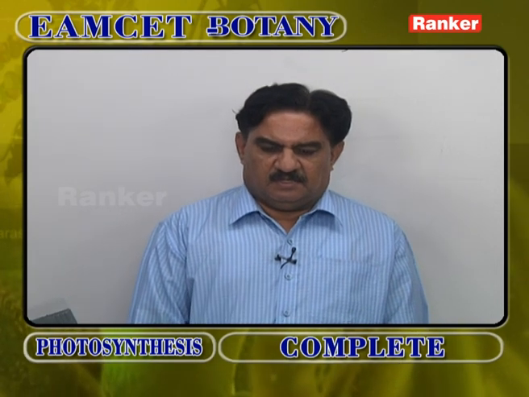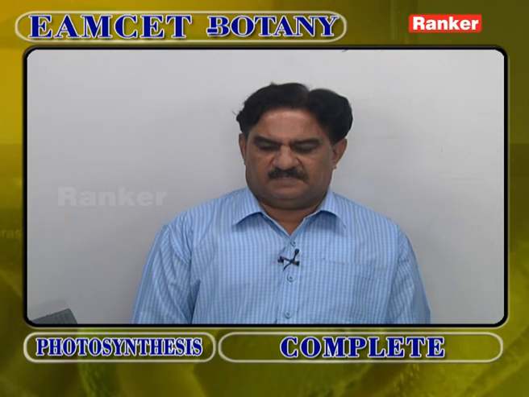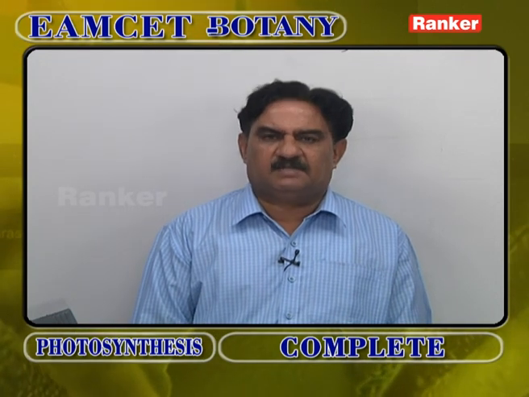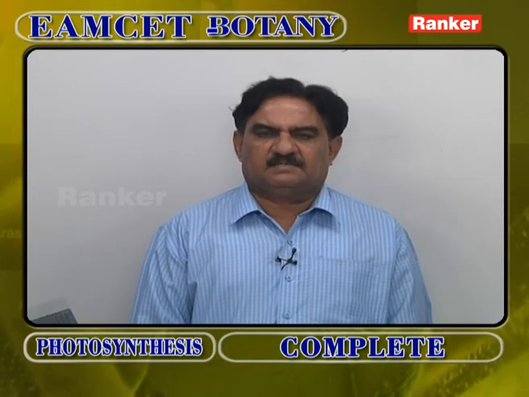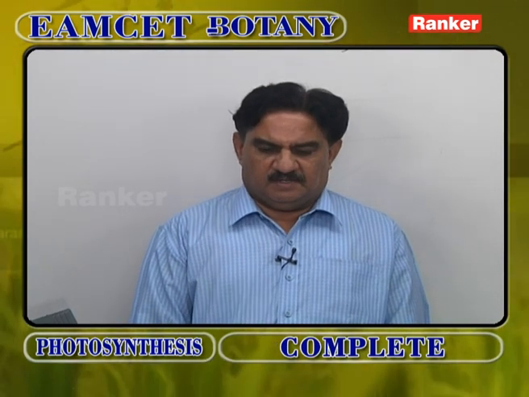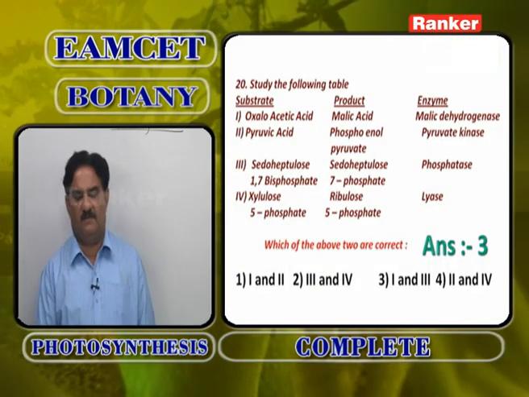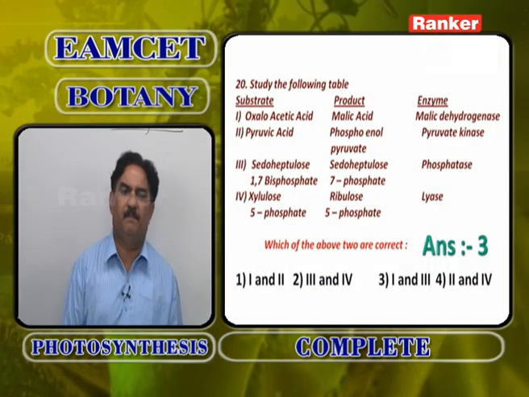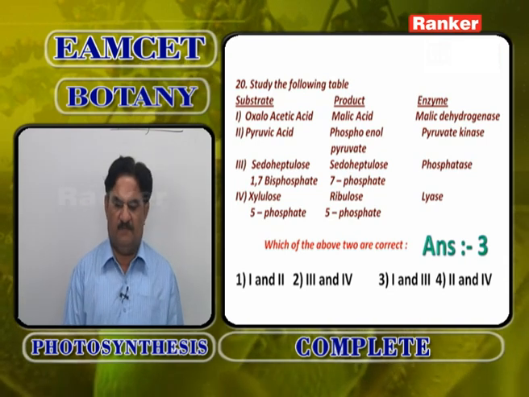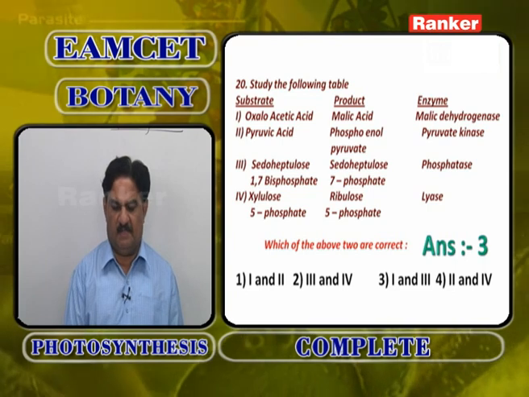Pseudoheptulose 1,7-bisphosphate converts into pseudoheptulose 7-phosphate in the presence of phosphatase is correct, because phosphatase removes the phosphate from pseudoheptulose. It is a hydrolytic enzyme. Xylulose 5-phosphate converts into ribulose 5-phosphate in the presence of lyase is wrong. In the presence of epimerase, xylulose 5-phosphate converts into ribulose 5-phosphate. So the two correct are 1 and 3.